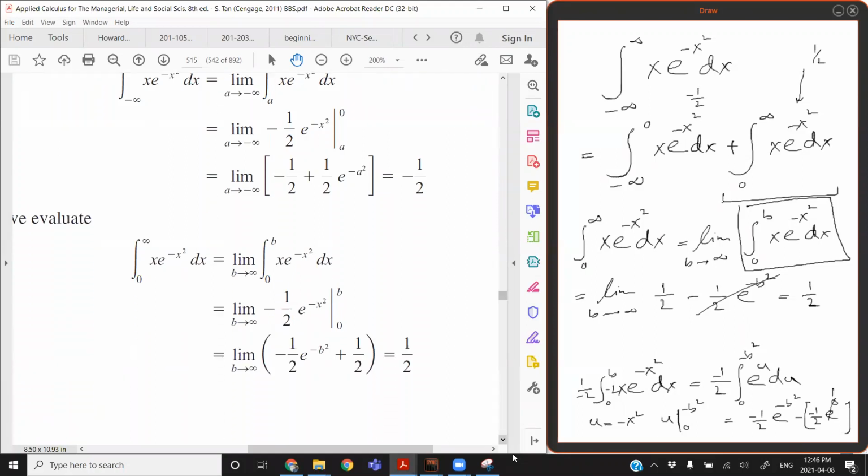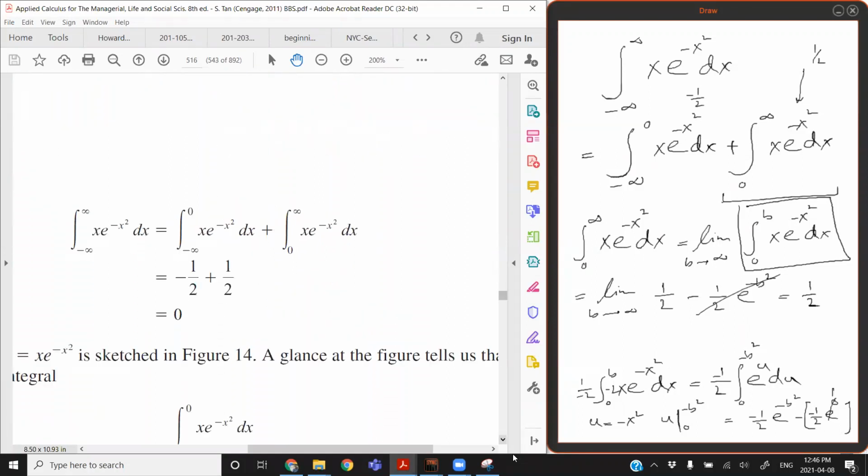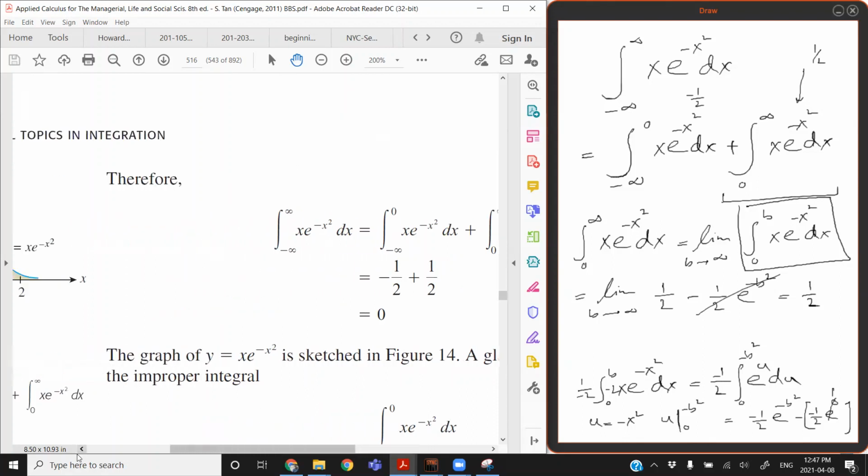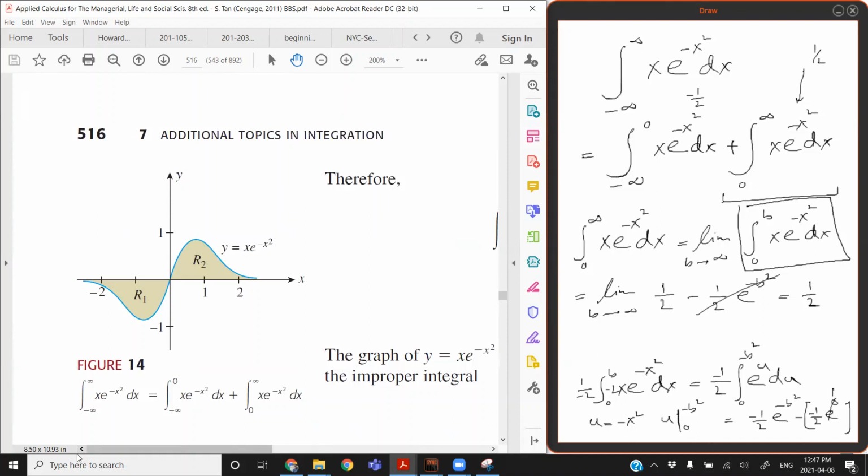So this is the one that I did on the board. You get 1 over 2. And then when you add them up, negative 1 over 2 and 1 over 2 is 0. And if you graph this, you will see that it's a function that is symmetric with respect to the origin. So the first one, the integral from negative infinity to 0, would actually be the negative of the area of region 1.